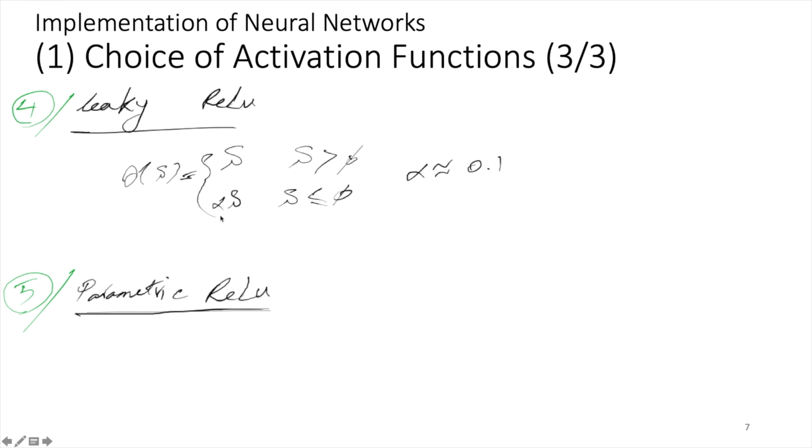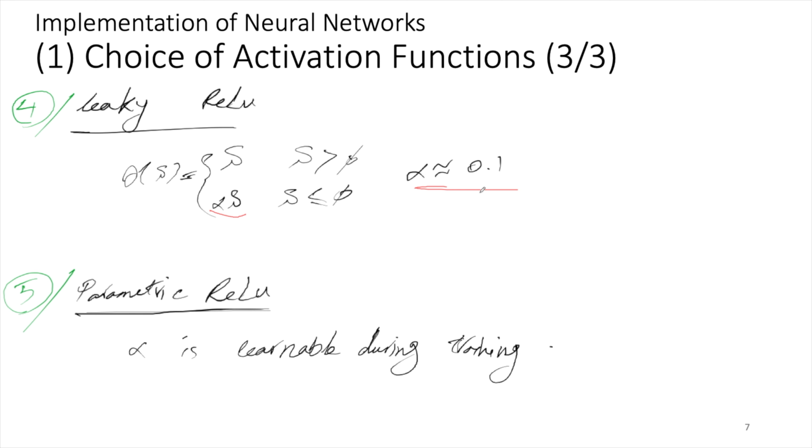Instead of forcing all those s's that are smaller than 0 directly to 0, we're going to parameterize it using an alpha, and normally the alpha they use is 0.1. The only difference between these two is that in leaky ReLU, you set the alpha yourself. In parametric ReLU, this alpha is one of the parameters that is learned within the training.